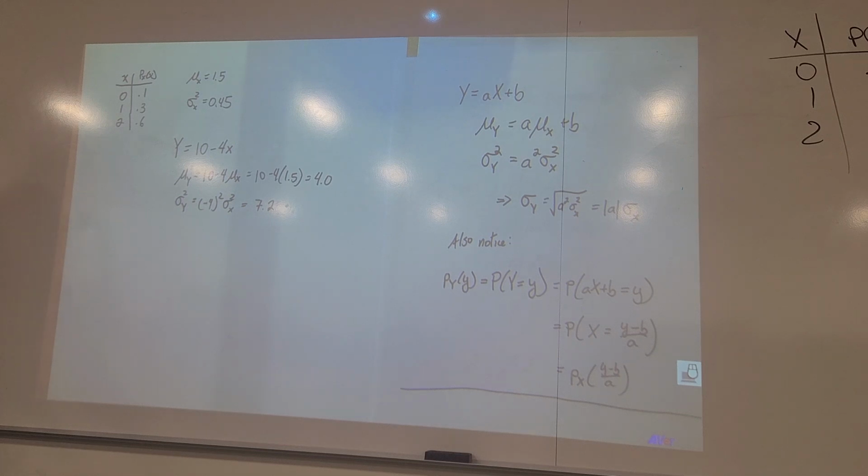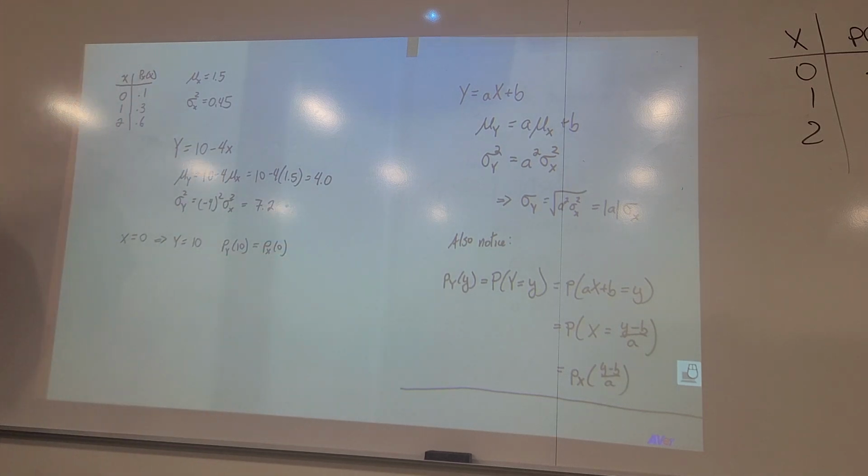And so here's the thing. When x equals 0, then y equals 10, right? And so isn't the probability that y is 10 equal to the probability that x is 0? Make sense? By the way, is that what I'm saying over here?